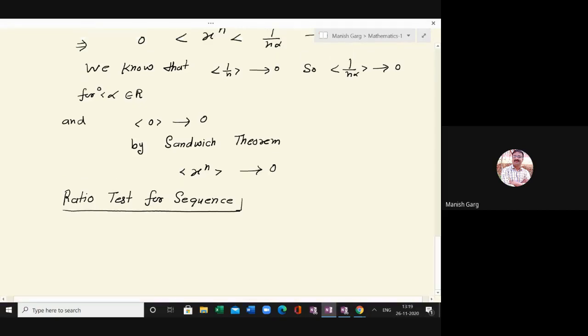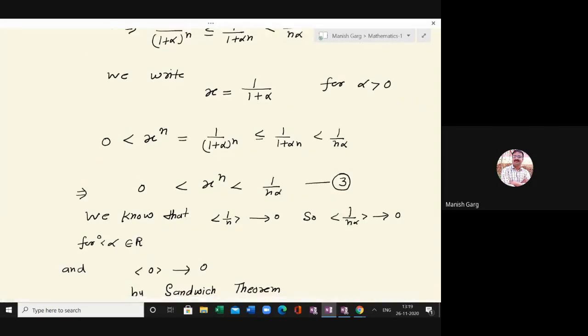And here I can give you one idea. This is 1 plus alpha over n. Here the idea I can give you is that the value of x is less than 1. So how can you write x? If you write any number in this form, it will be a number which lies between 0 to 1.